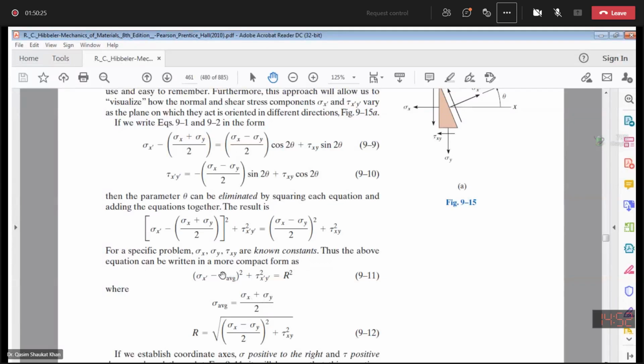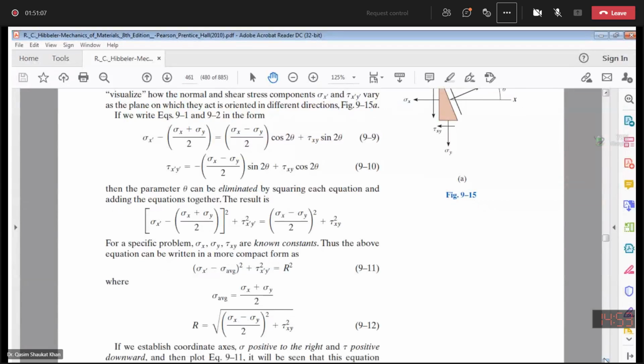If you have any query about this equation, please let me know. No queries? So this is the basic working principle of your Mohr circle.